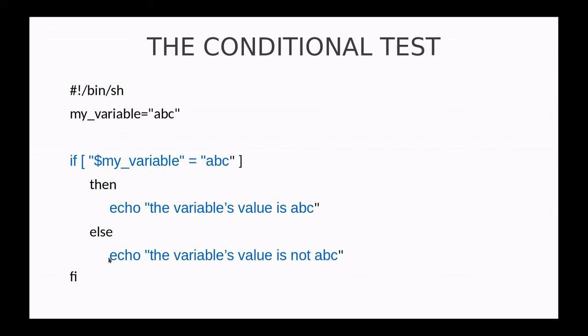If it is false, it will execute the else part. You can have more than one line here. In this case, since ABC is equal to ABC, it should print this, because echo means print, and what is within the double quotes is what shall be printed. So the output of this script should be: the variable's value is ABC.